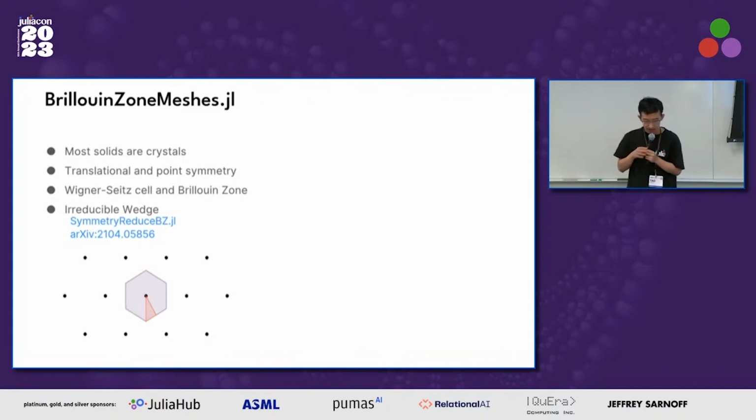One can further reduce the calculation to just the irreducible wedge of the Brillouin zone by making use of the point group symmetry. That would be the red triangle shown here. In 3D, that would be a significant reduction since the fraction would be much smaller.